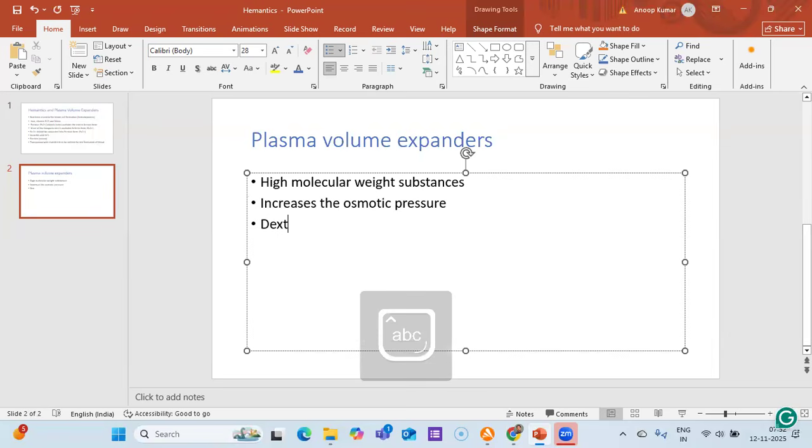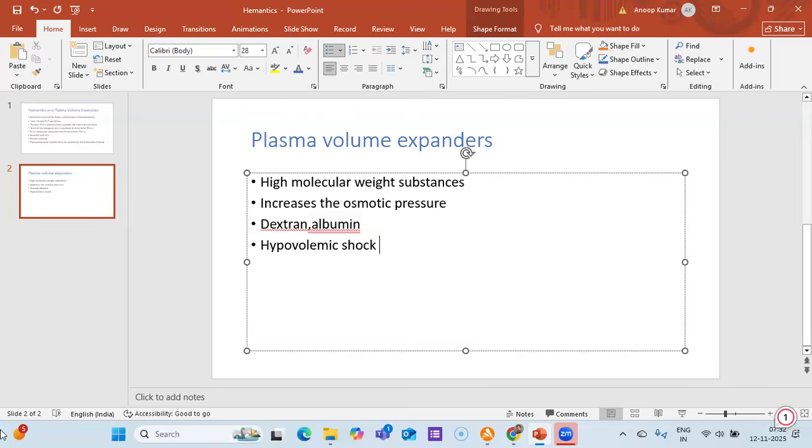Examples are Dextran, Albumin. And if you remember, these plasma volume expanders are useful when there is a hypovolemic shock. Hypovolemic shock we have discussed in detail already. There is a loss of blood due to internal or external injury.